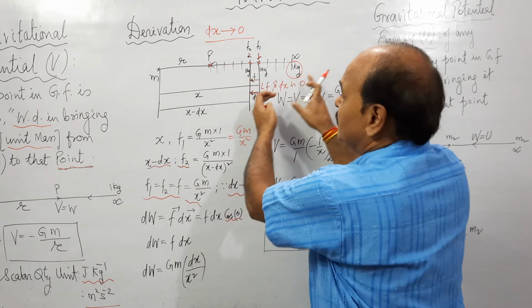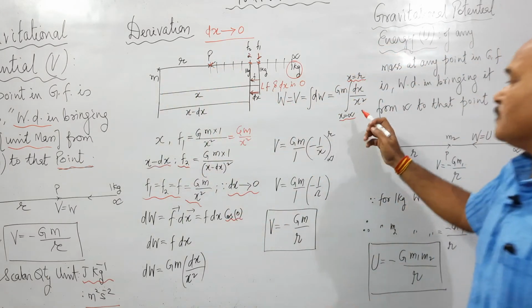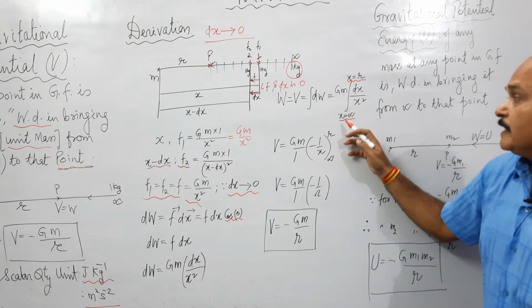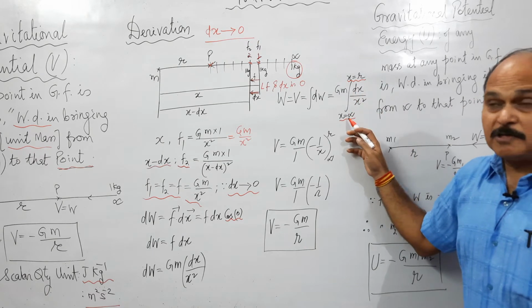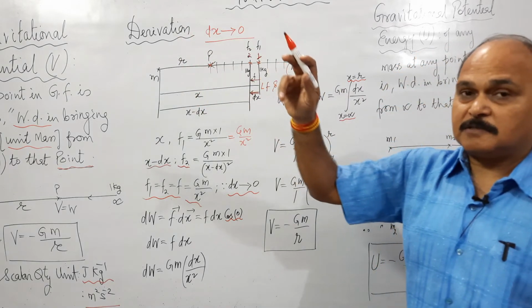All these segments lie between x equal to infinity and x equal to r, and that is the limit. When we integrate this function from x equal to infinity to r, we get the work done in passing through all these segments.